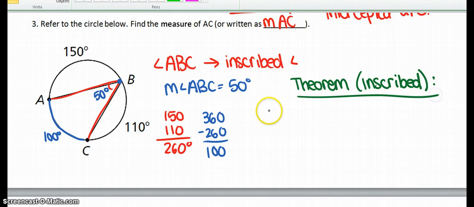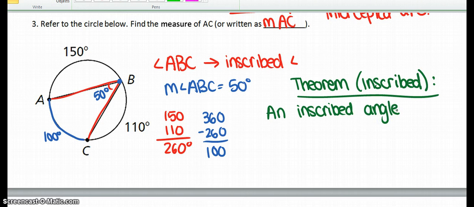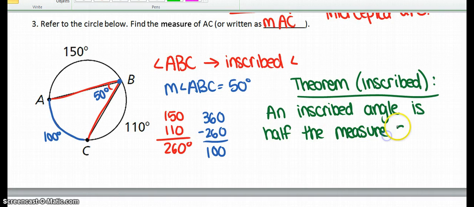And that theorem is, the measure of an inscribed angle is half the measure of its intercepted arc. An inscribed angle is half the measure of its intercepted arc. Or you can say its opposite arc.